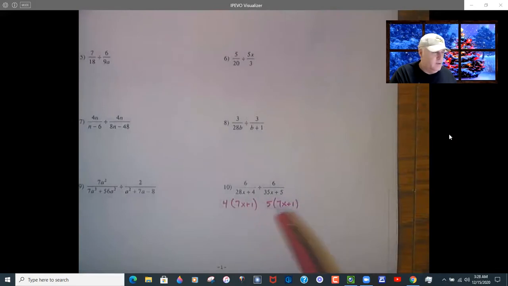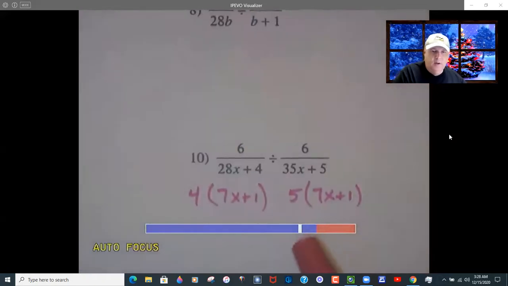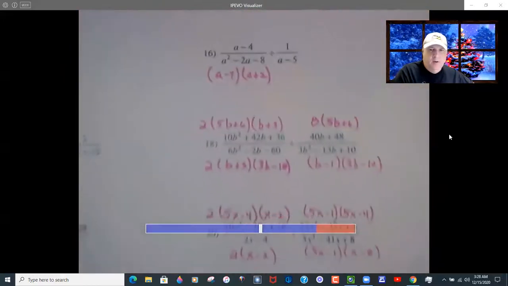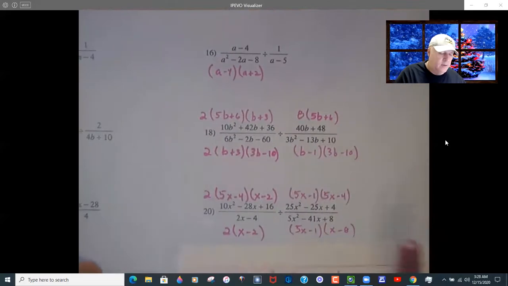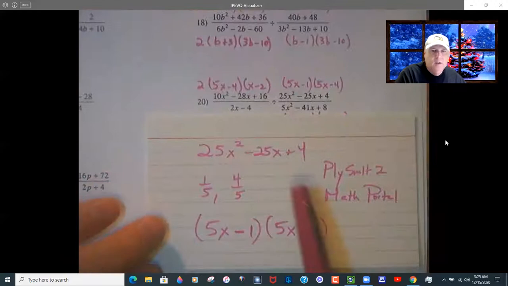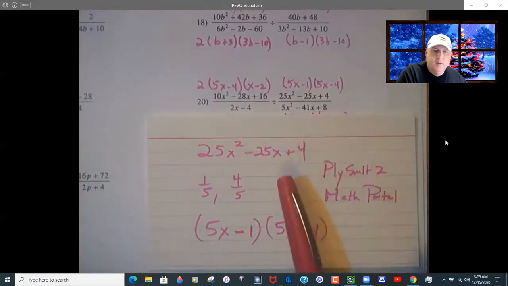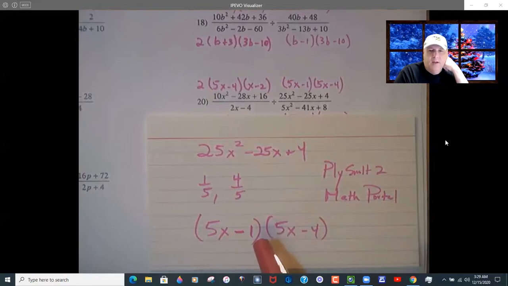So actually a common factor comes out of these of 4 and a 5, but on the second page, there's a lot that will factor, and you're going to have to go back to, you know, what does it mean to factor? So if you look at problem 20, and I'm taking the 25x squared minus 25x plus 4, and I'm factoring that, I get the x-intercepts, and then I write the factors based on that rule.